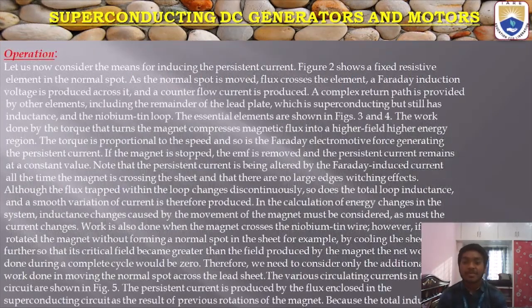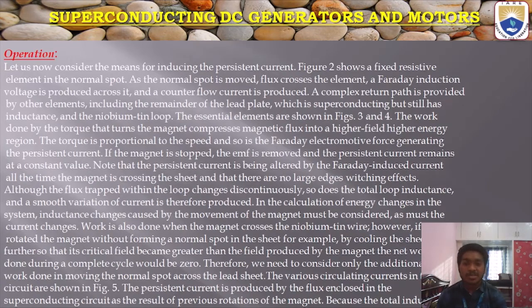The work done by the torque that turns the magnet compresses magnetic flux into a higher field energy region. The torque is proportional to the speed, and so is the Faraday electromotive force generating the persistent current. If the magnet is stopped, the EMF is removed and the persistent current remains at a constant value.